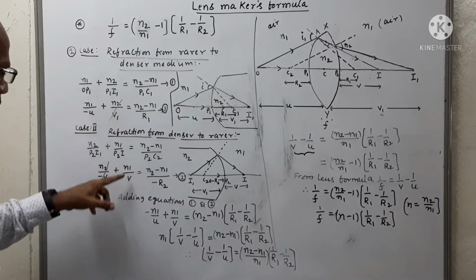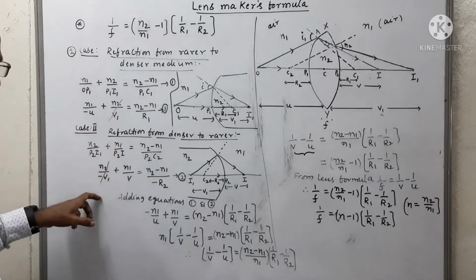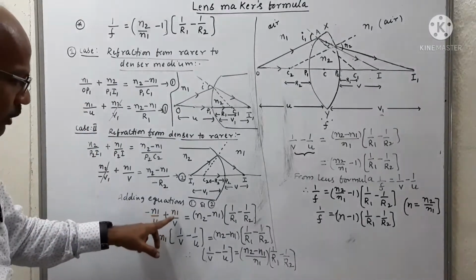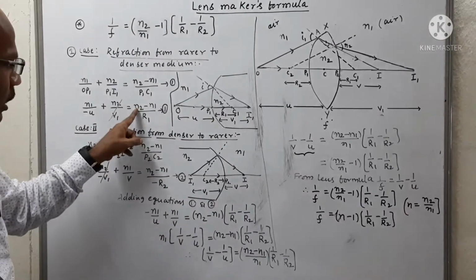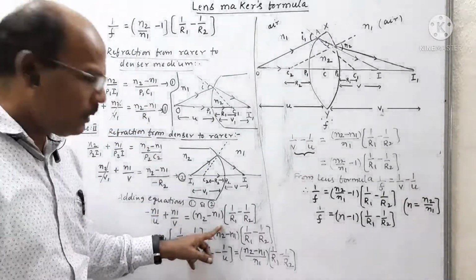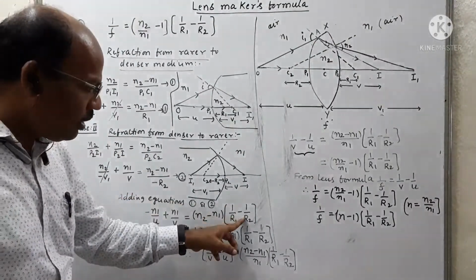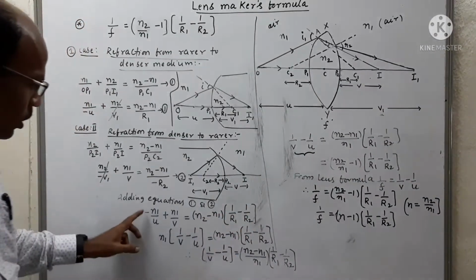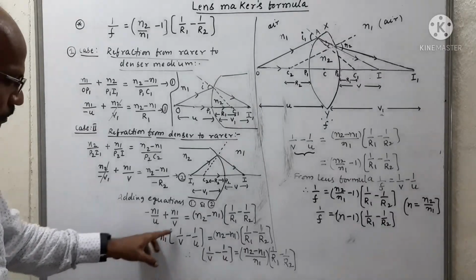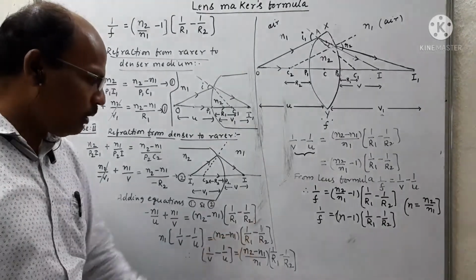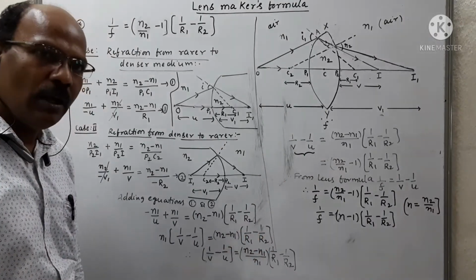N2 by V1 and N2 by minus V1 cancel each other, and we can write N1 by minus U plus N1 by V is equal to, taking N2 minus N1 common, 1 by R1 positive and this negative becomes minus 1 by R2. Taking N1 common, 1 by V minus 1 by U is equal to (N2 minus N1) into (1 by R1 minus 1 by R2).